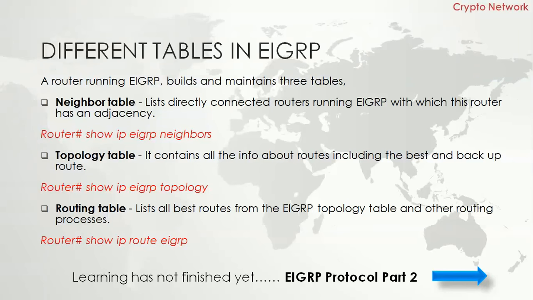Next, the EIGRP topology table contains everything that EIGRP has learned. Now, the routing table holds the best routes to each destination, and is used for forwarding packets. Successor routes are offered to the routing table. By default, up to 4 routes to the same destination with the same metric can be added to the routing table.